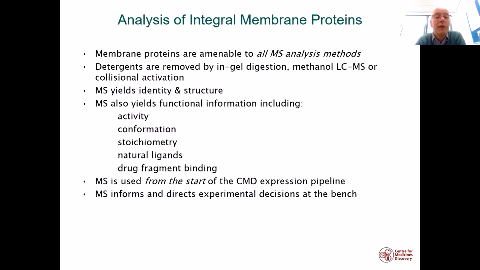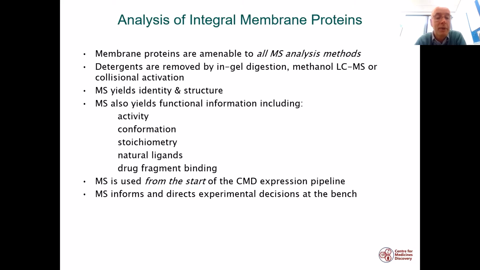The mass spec will yield identity and structure. I would say it is essential to know this if you're working on a membrane protein, but it also yields additional information. It gives information on activity and conformation, stoichiometry for complexes, any natural ligands, fortuitous ligands, and also drug binding.